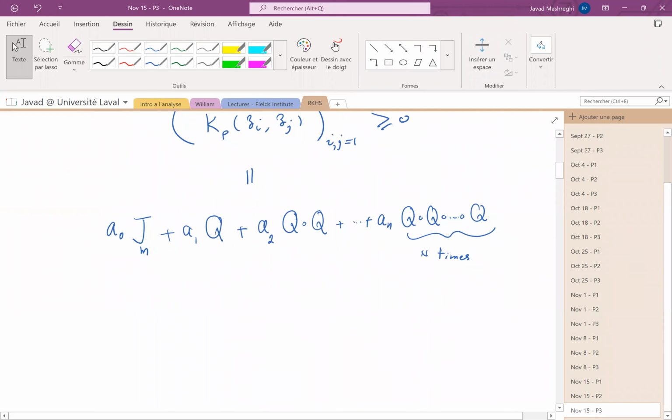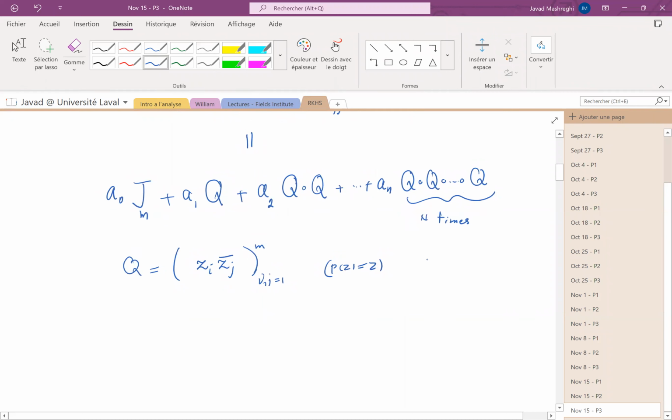Where Q is simply the matrix z_i z_j bar. This is the special case that we have seen before and corresponds to the special case P of Z equal to Z. We know that this is positive.